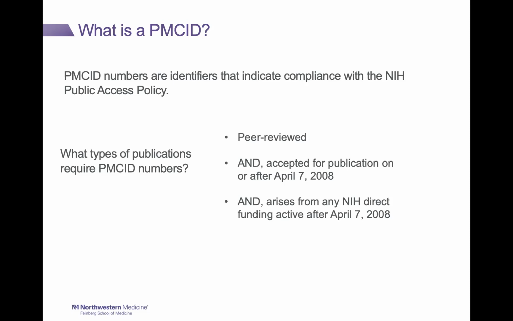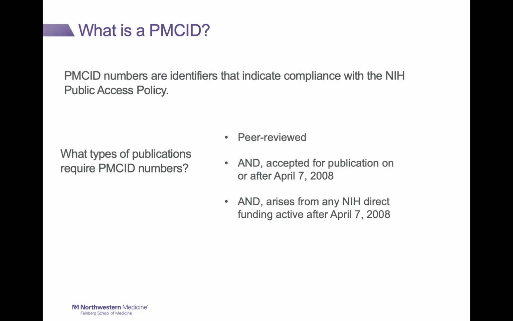So the PMCID stands for PubMed Central Identifier, or ID. And it is only required, again, for manuscripts that are peer reviewed, full text journal articles that were supported in full or in part by NIH awards and accepted for publication on or after April 7th of 2008. This policy has been in place for a while.